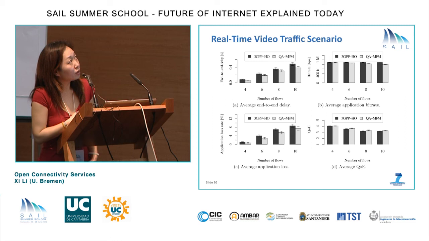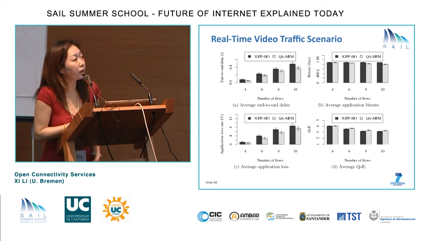By comparing these two approaches, we can see that our proposed user-centric approach can achieve less end-to-end application delay, and at the same time also less application loss, and in turn we get a bit higher quality of experience.